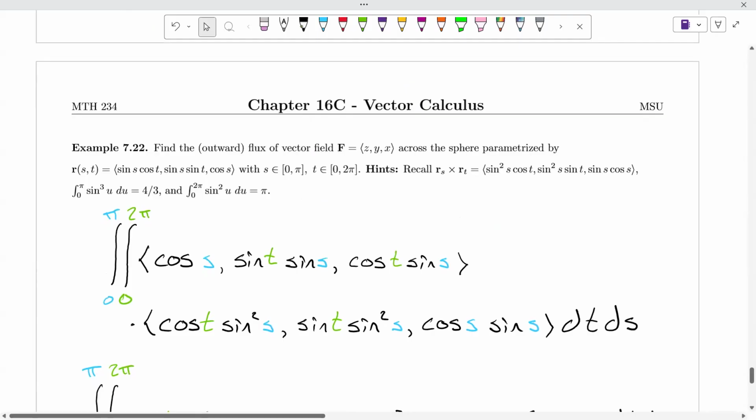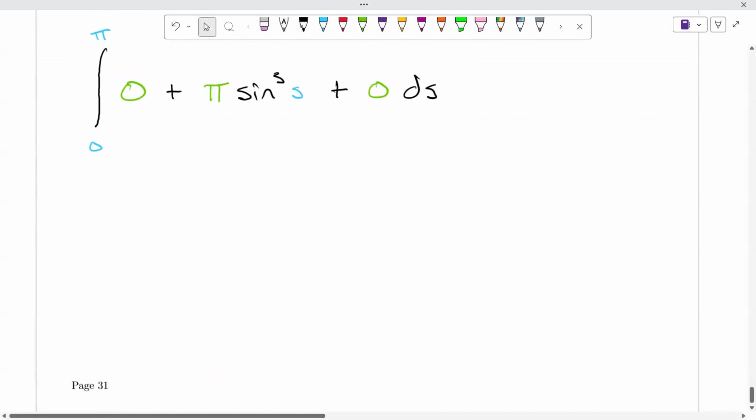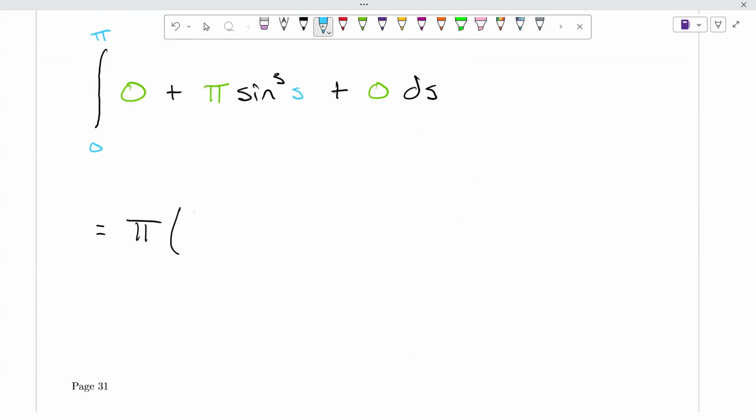Right, that's the last bit right here in that hint. Integral of sine cubed u du is 4/3. This thing is equal to pi times 4/3, or just 4 pi over 3, which conveniently I think is the volume of this sphere.